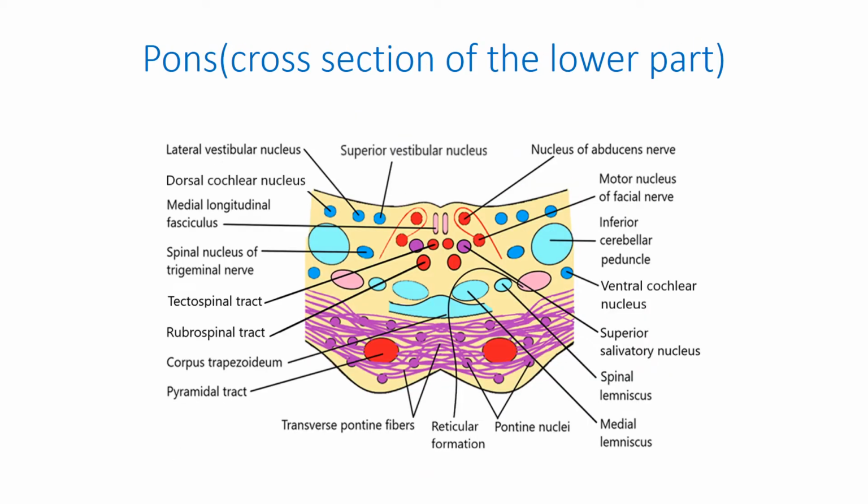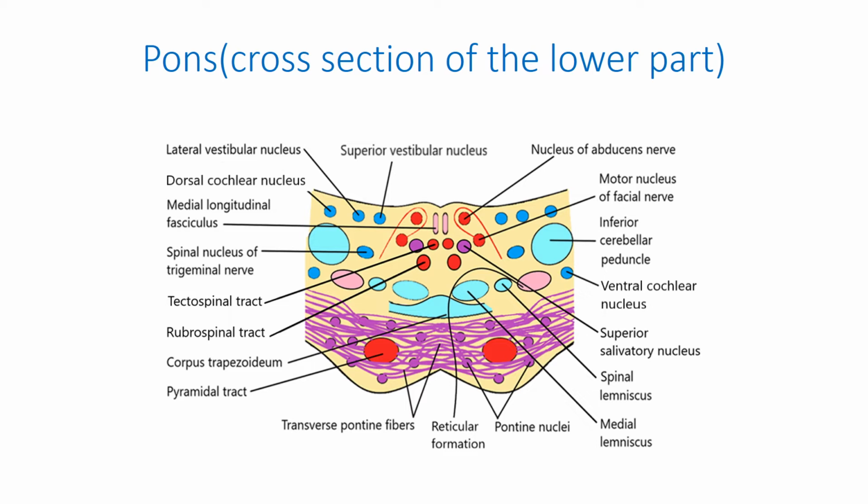At the cross-section of pons, tegmental or dorsal and basilar or ventral parts are distinguished. In the basilar part, at all levels, pontine nuclei are localized. They receive fibers from the corticonuclear tract.